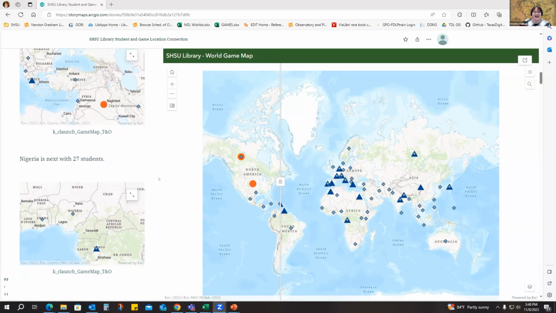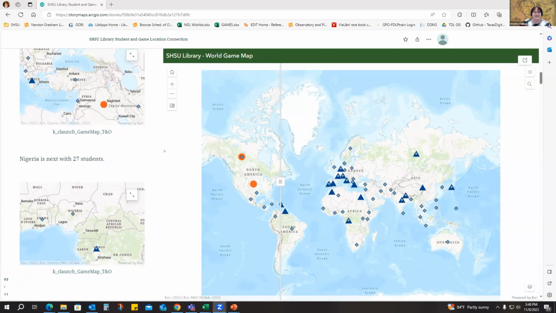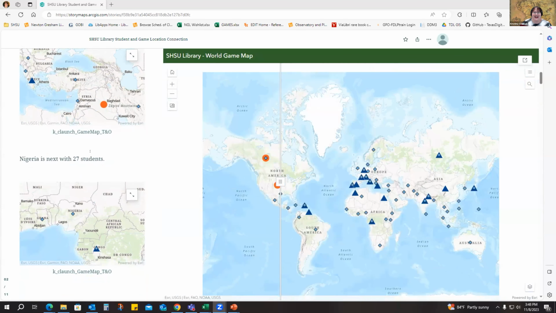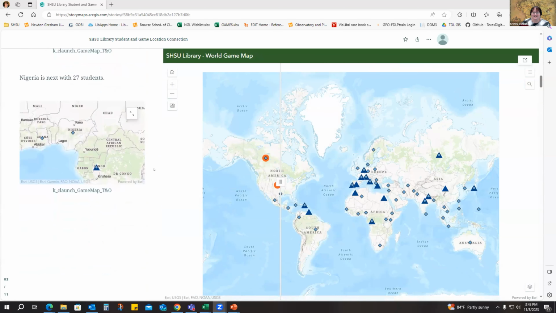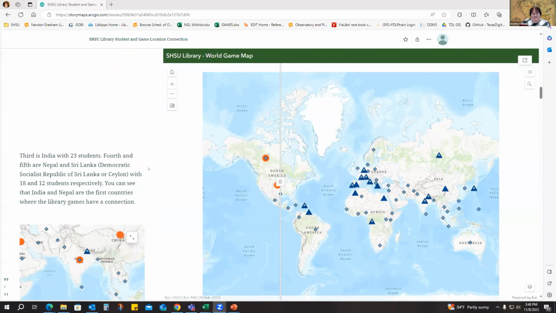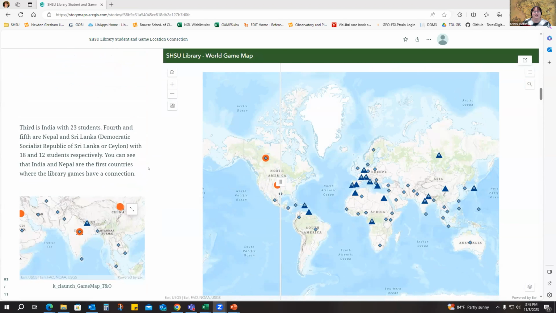But as you can see from these two smaller maps on the left, we don't actually have any games or connection with those two countries, which is like, oh, so that's something to work on. But there are ones in surrounding areas, and as I go down, the next one is India with 23 students, and then we have Nepal and Sri Lanka.